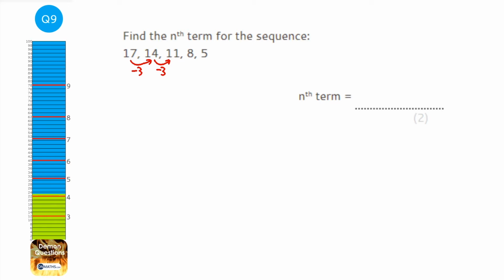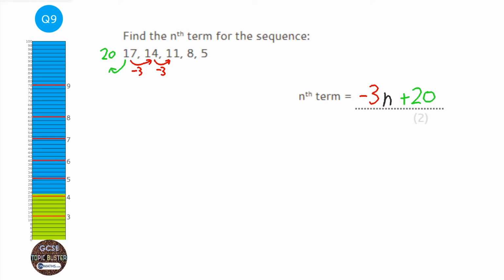This number then goes before the letter n, so it's -3n. The next step is you go backwards 1 and find out what the 0th term is. So the 0th term here is going to be 20, because 20 take away 3 is 17. And this we add on to the end here. So it's -3n plus 20.